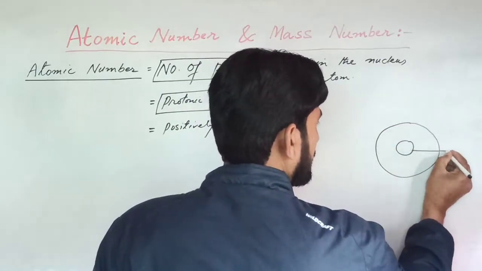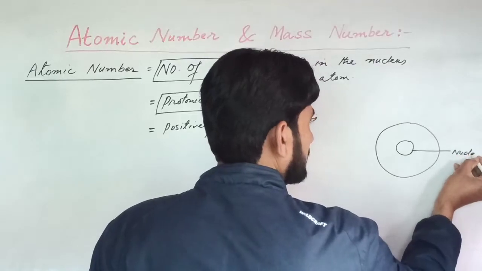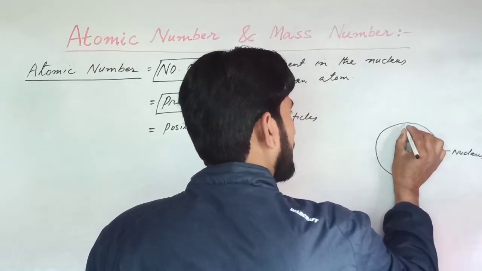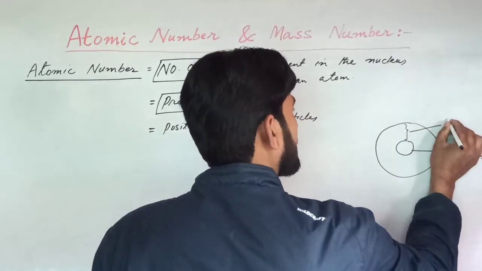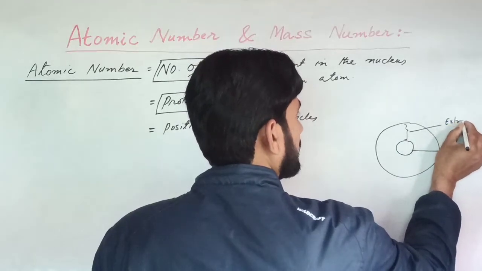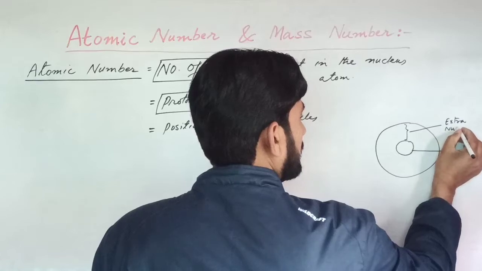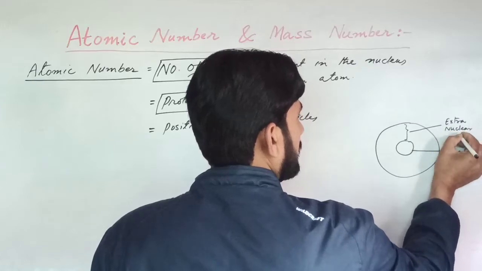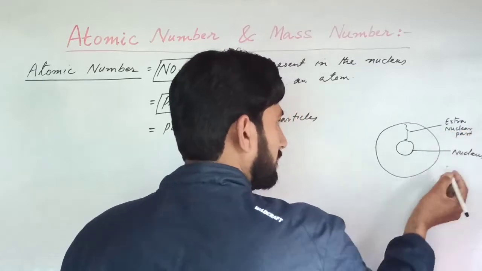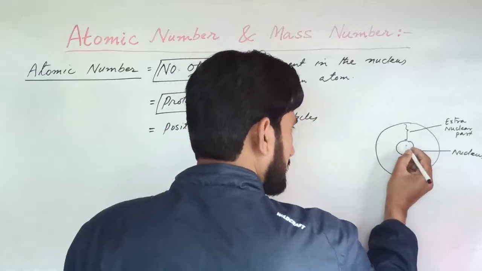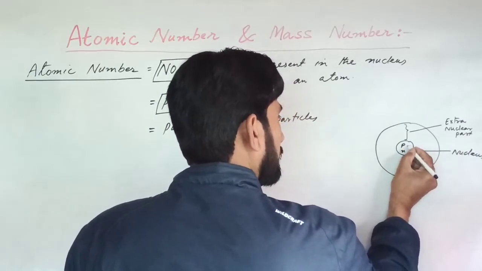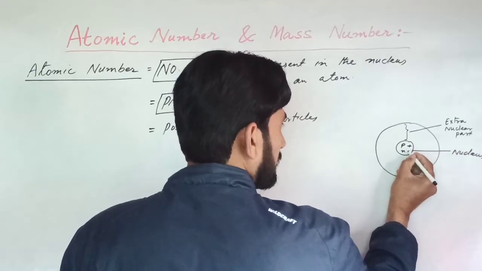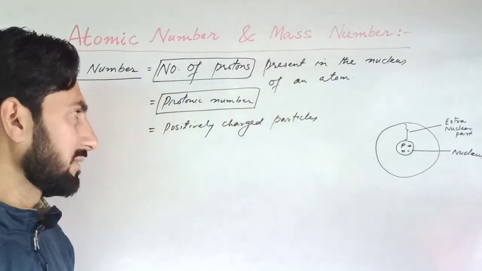The central part is called the nucleus and the outer part is called the extranuclear part. The central part, that is the nucleus, contains protons and neutrons. Protons are positively charged particles, whereas neutrons are neutral, chargeless particles.